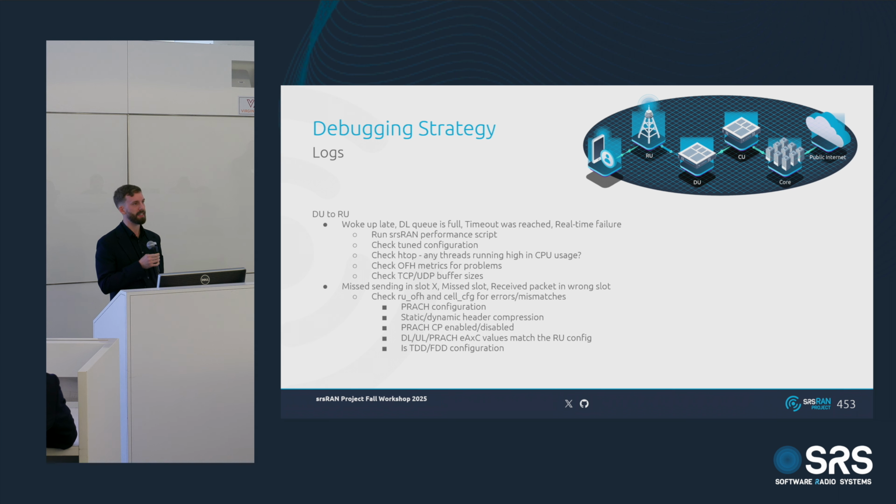PRACH CP enabled or disabled is something that I see a lot wrongly configured. And the antenna configuration as well as the TDD or FDD configuration. So once you receive packets in time and you still see errors, make sure that the config you have in the DU matches the RU and vice versa.